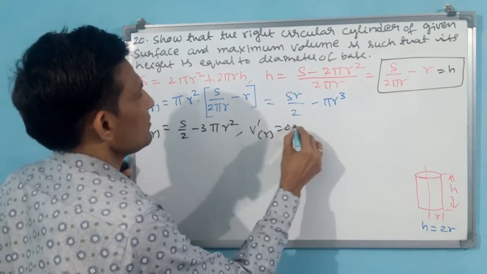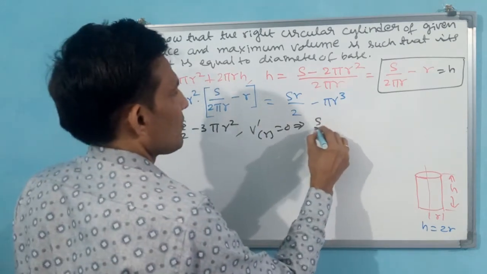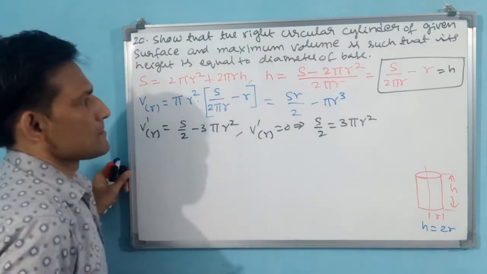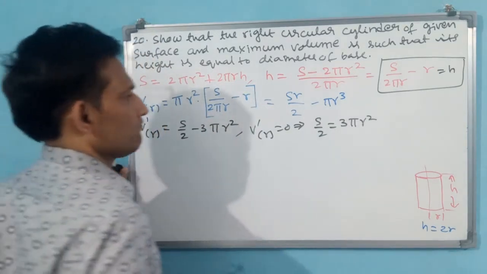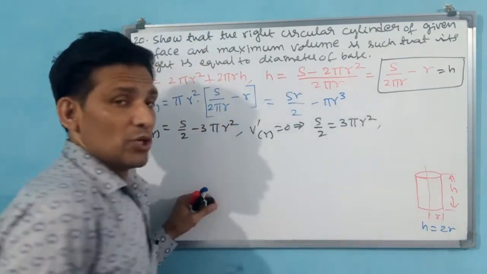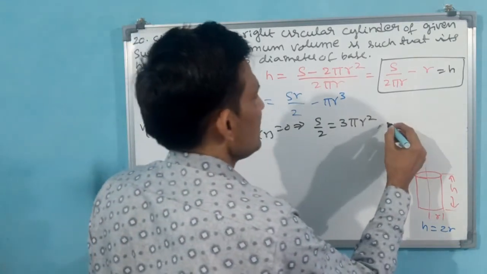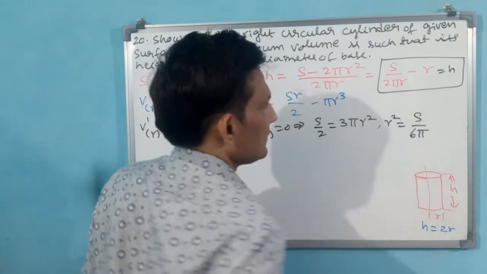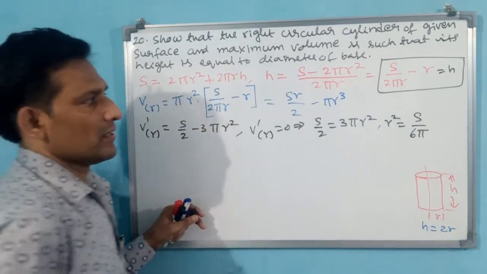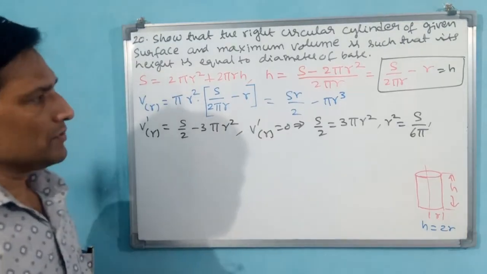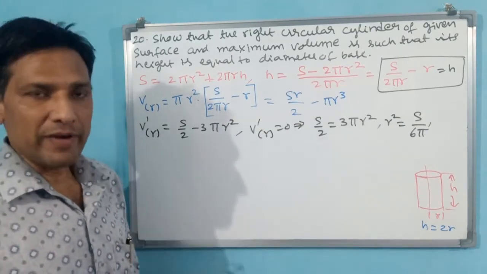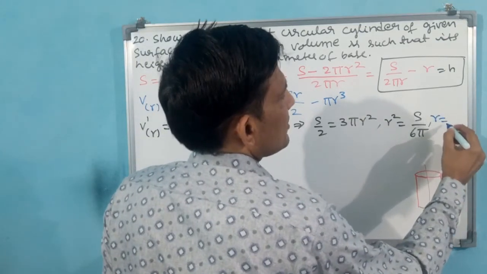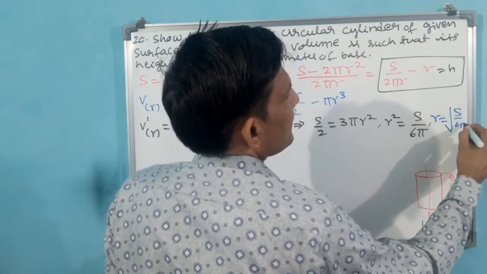V dash r equal to 0 implies s by 2 is equal to 3 pi r square. Then you have to find r. That means r square is equal to s by 6 pi. This is very important. Then what will be the r? r square is s by 6 pi, which means r will be square root of s by 6 pi.